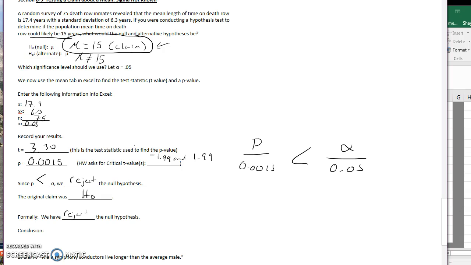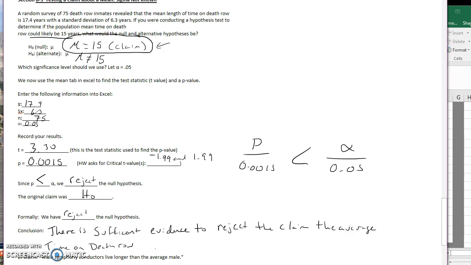So we're going to say there is sufficient evidence to reject the claim that the average time on death row is 15 years.